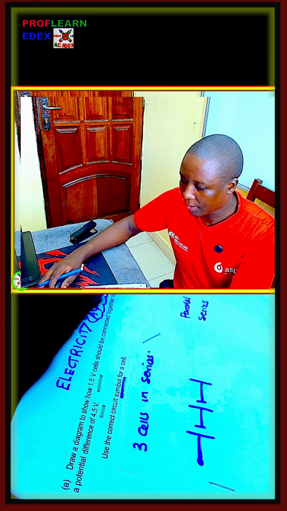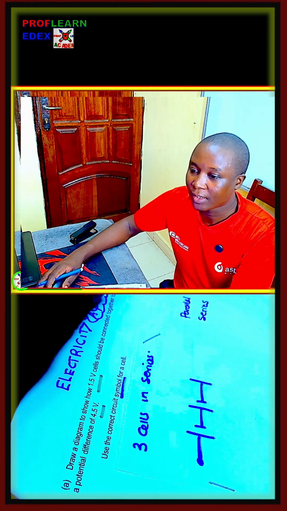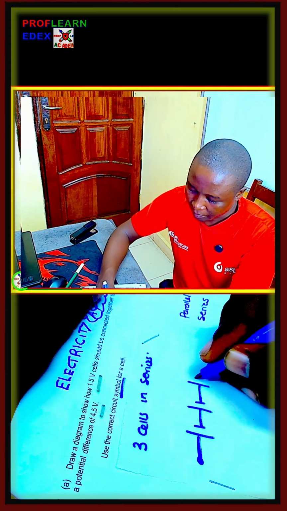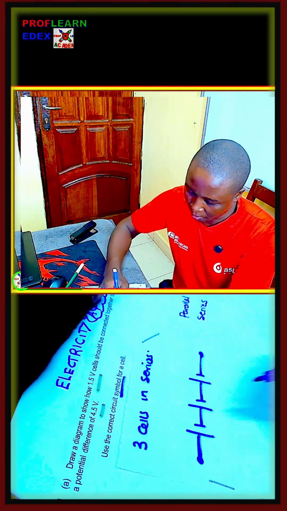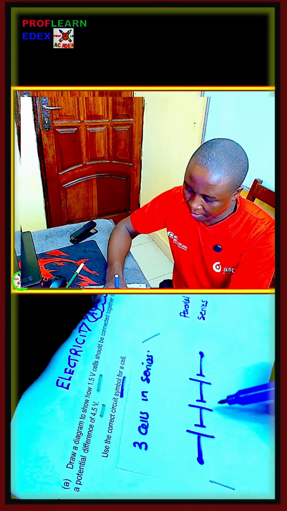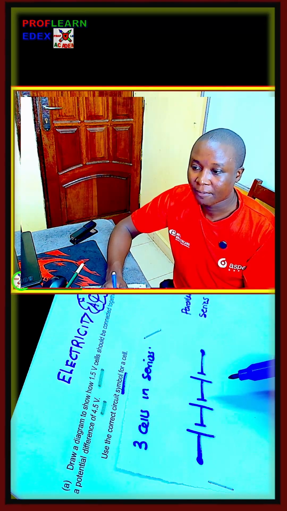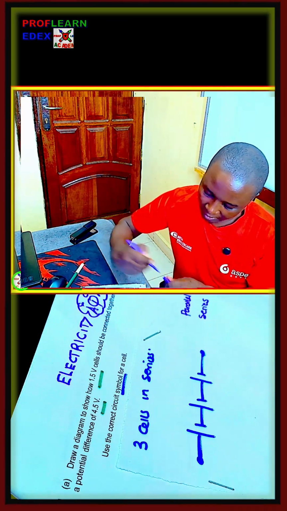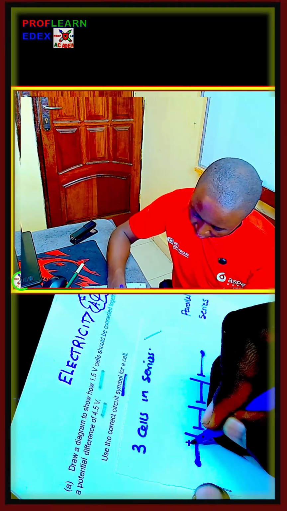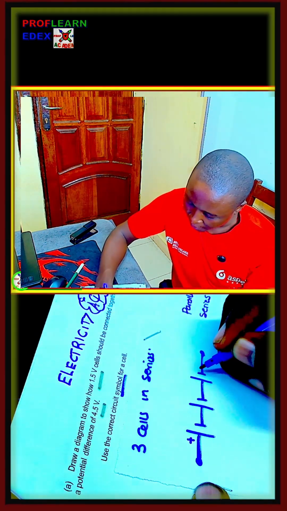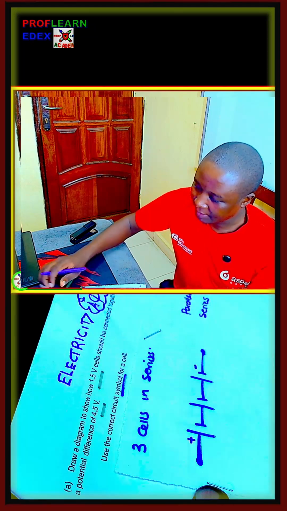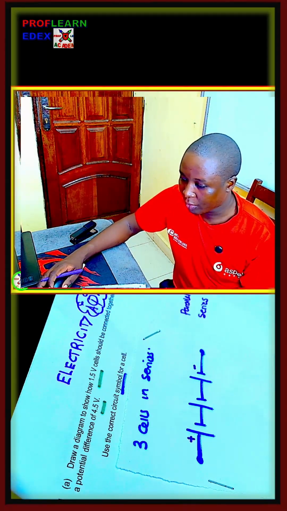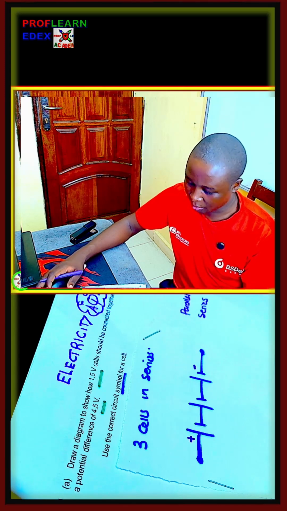For us to achieve that, we need 3 cells like that, which means that these cells are connected in series. Then the longer side is going to represent the positive terminal, and this is going to represent the negative terminal. So that's basically what you do in order to answer this particular question.